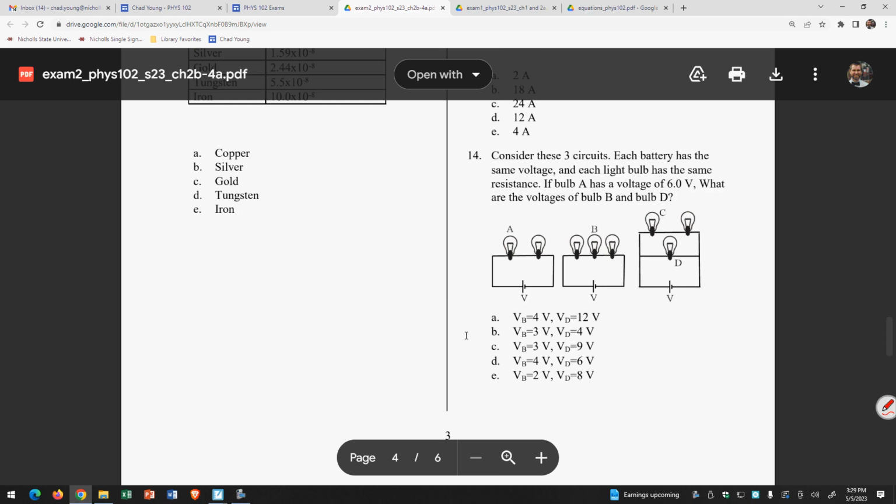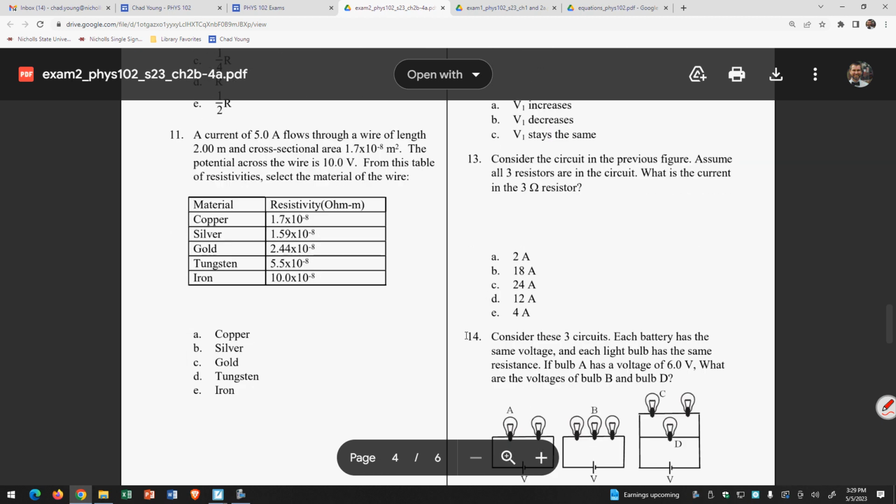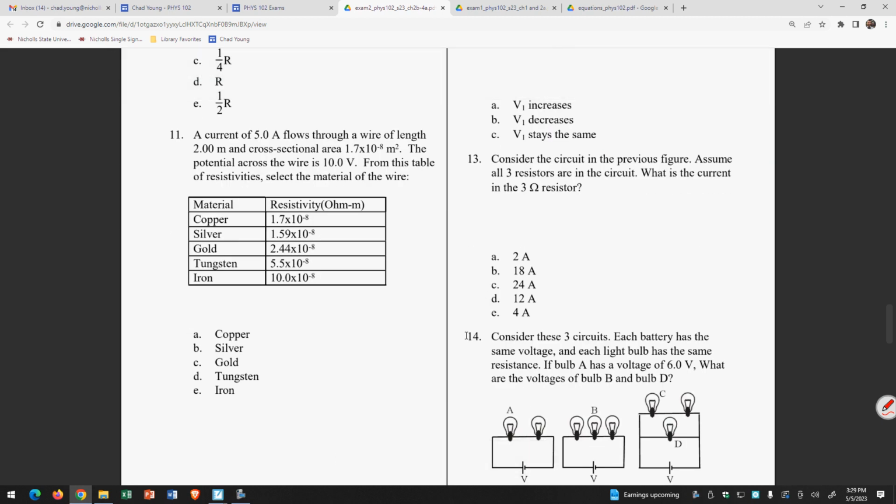Can you do 11? Yeah, so here you're supposed to calculate the resistivity. And remember that R is equal to rho L over A, and so the resistivity is RA over L. I think you first have to calculate the resistance, which is V over I. That was 10 divided by 5, or 2 ohms.